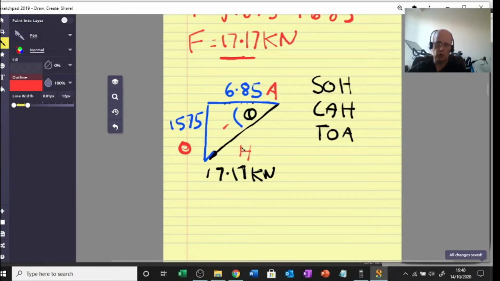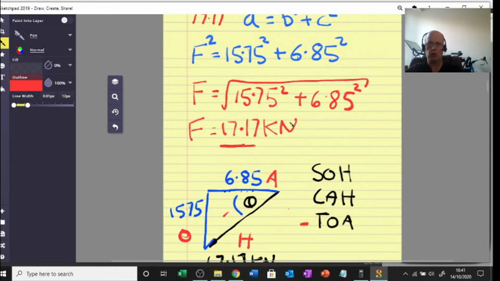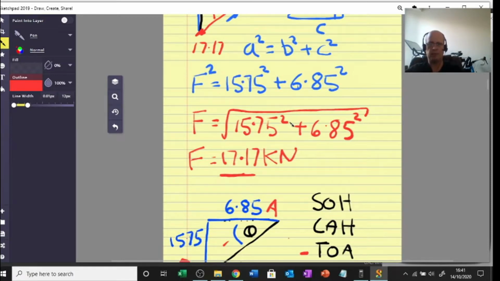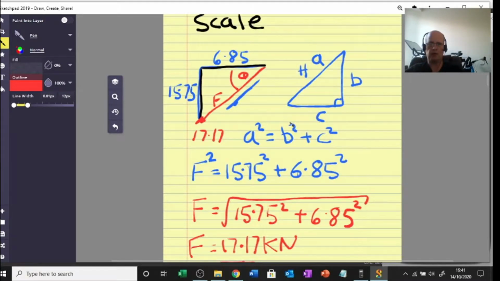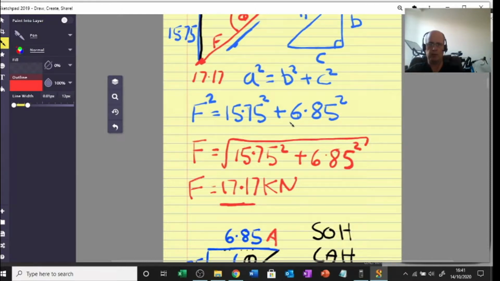Because we know all of the sides, you can use what you want really. I'm going to use tan, and I'll tell you why. Although I've rounded things up, I calculated this 17.17 using Pythagoras, so I could have made a mistake. They always say try and use numbers you're given, not the ones you calculated, because you could have made a mistake.